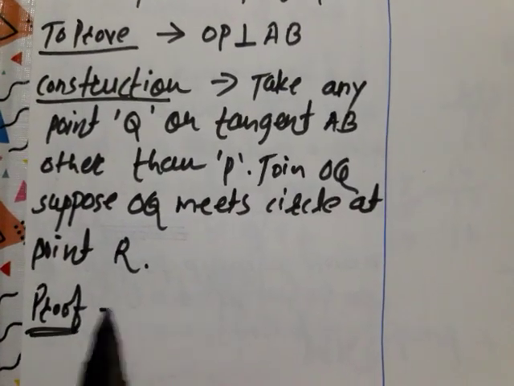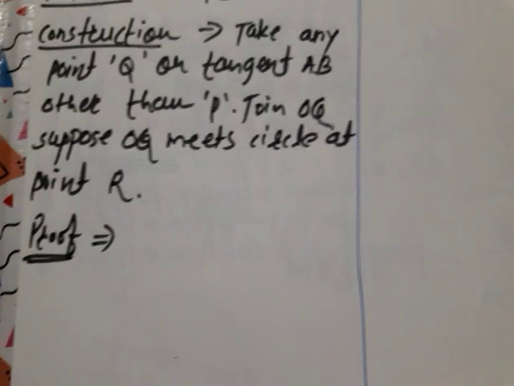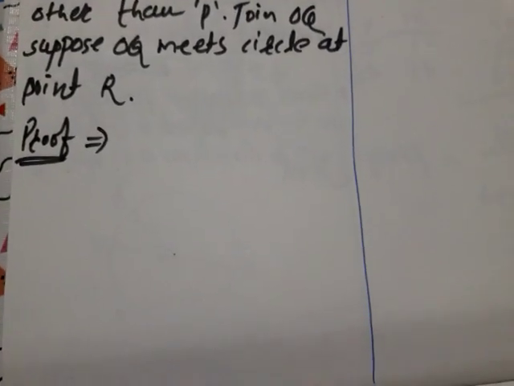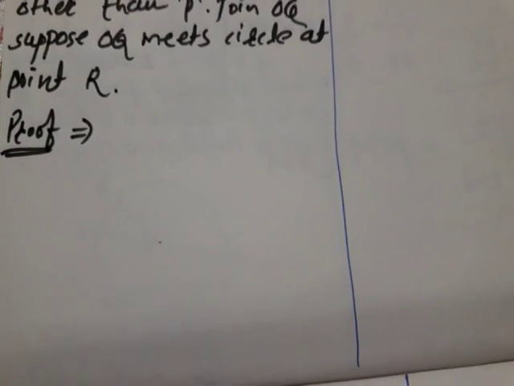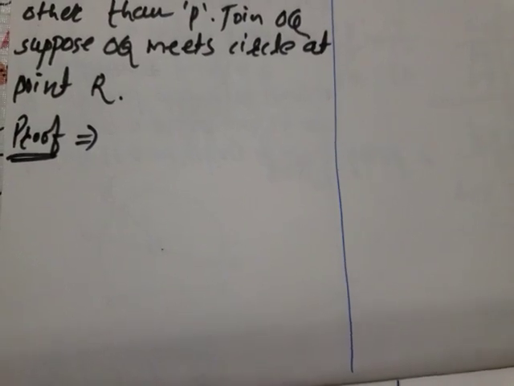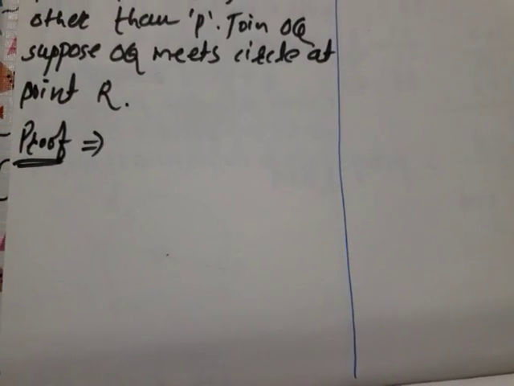Proof. In this proof we know something about circle and concepts of the circle. Regarding that, maybe you are well known about it. That point I am going to repeat here, and that point will help us to prove this theorem. What is that point?